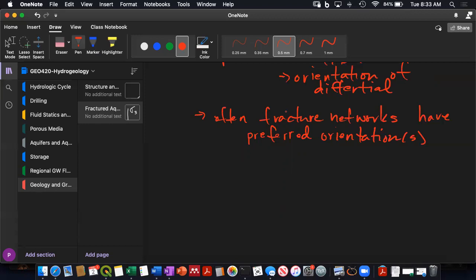So we'll go measure the strike and dip of the fractures we can see in rock outcrop or within boreholes. And we map those and we try and get a preferred orientation and spacing of the fractures. So they often have a preferred orientation and a spacing or distance between fractures.